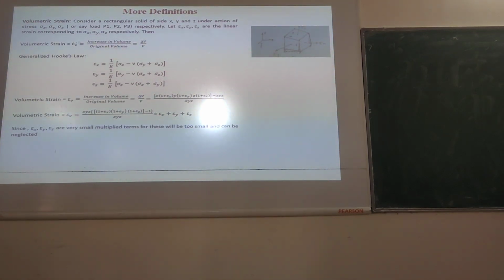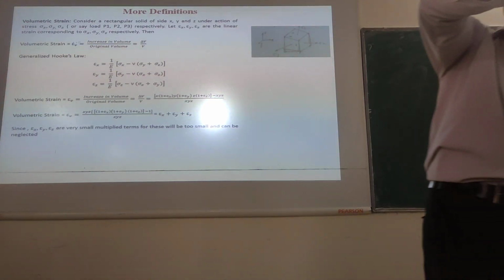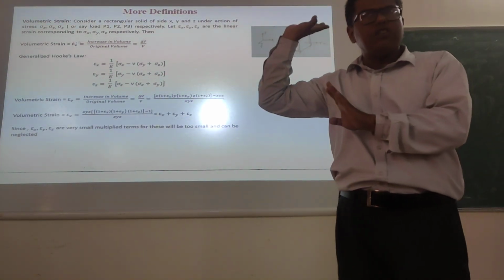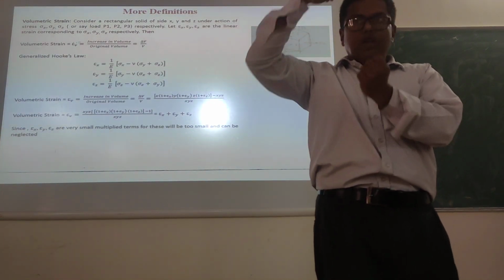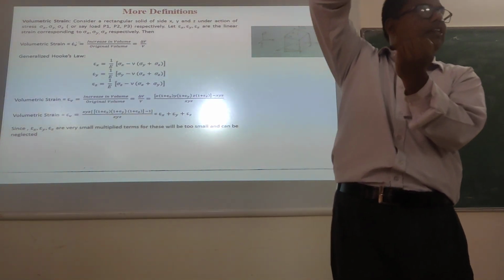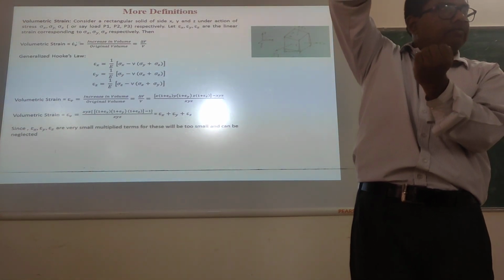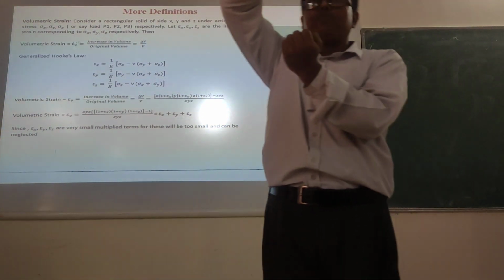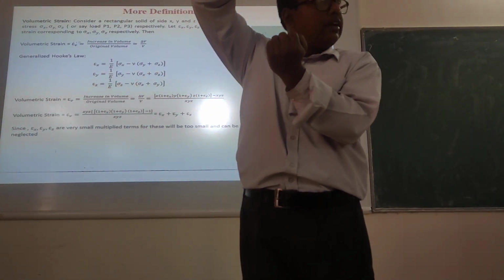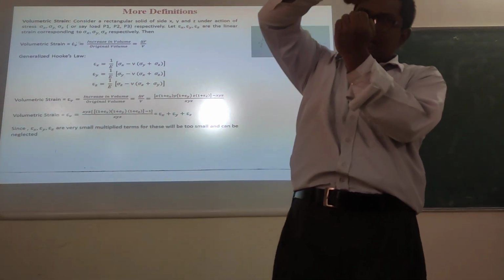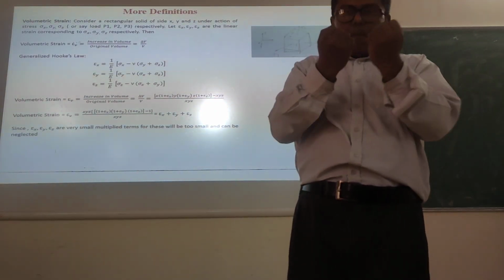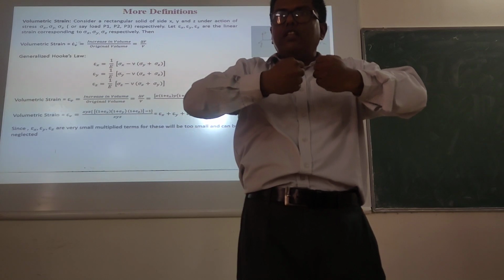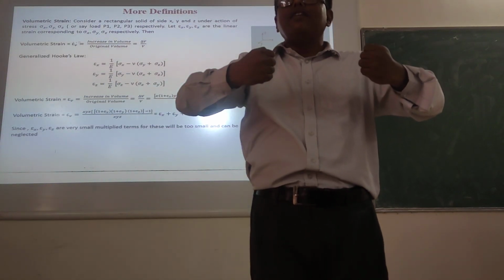So what is happening when you are pulling the body in the X direction? Please try to understand. Very simple concept. If we are pulling the body in one direction, there will be extension, so I can explain it using normal Hooke's law. Now when there is an extension in this direction, the body is subjected to mutually perpendicular forces. So if I am pulling the body in the other direction, what will happen?